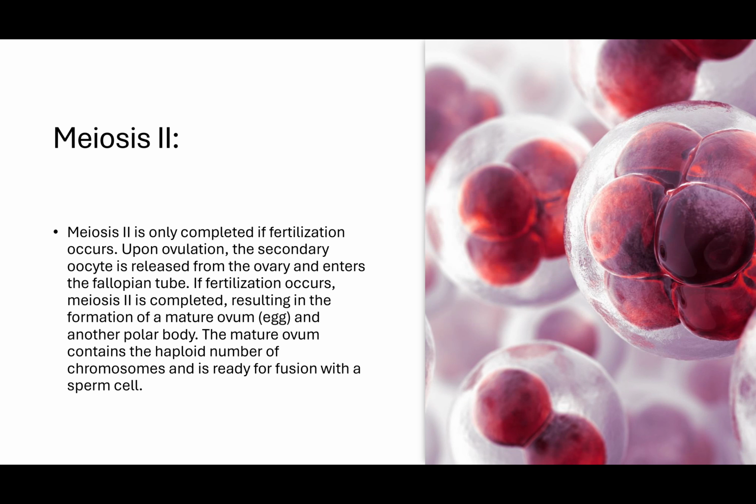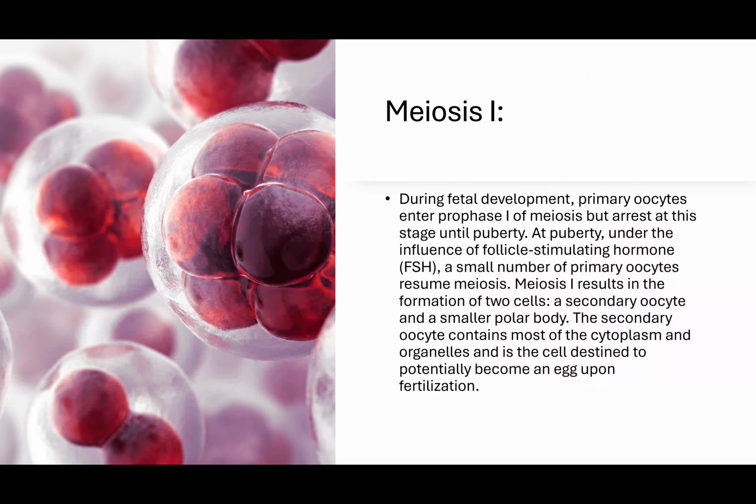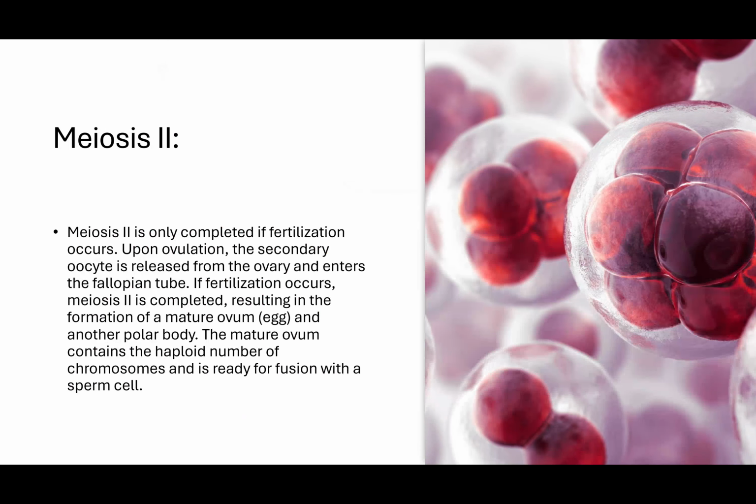Meiosis 2 is only completed if fertilization occurs. Sir, the polar bodies, both of them because you have a primary and a secondary, exist because of unequal distribution of the cytoplasm during the formation of the secondary oocyte.